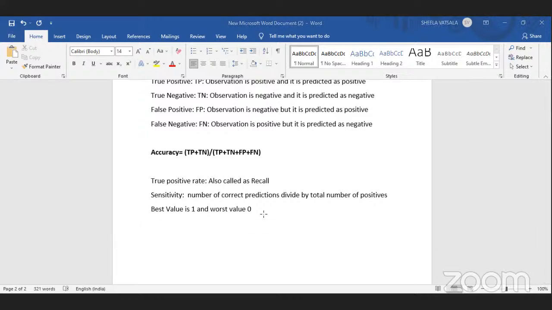Before that, let me write down the formula for the true positive rate. Then the true negative rate, let's discuss.